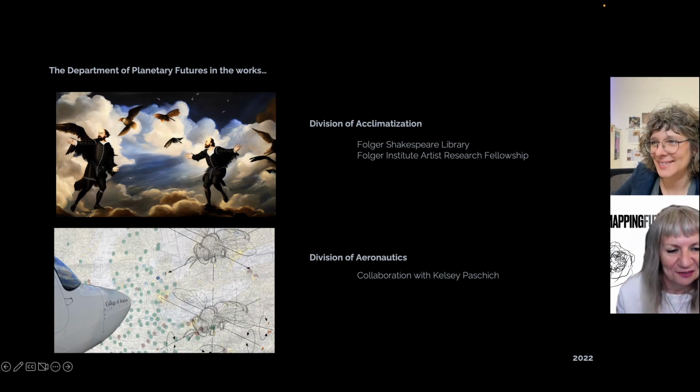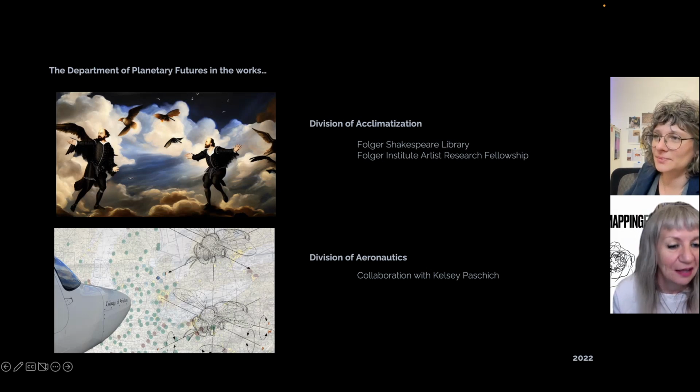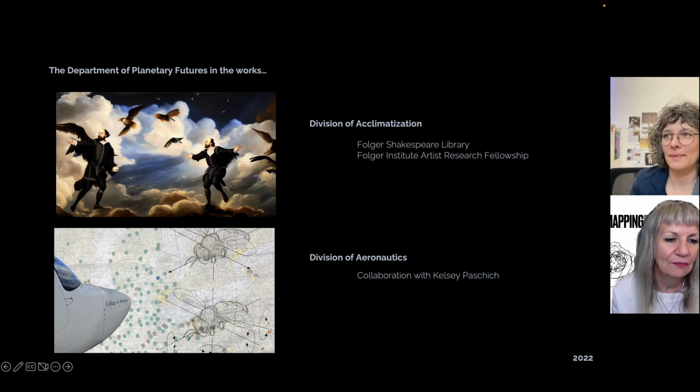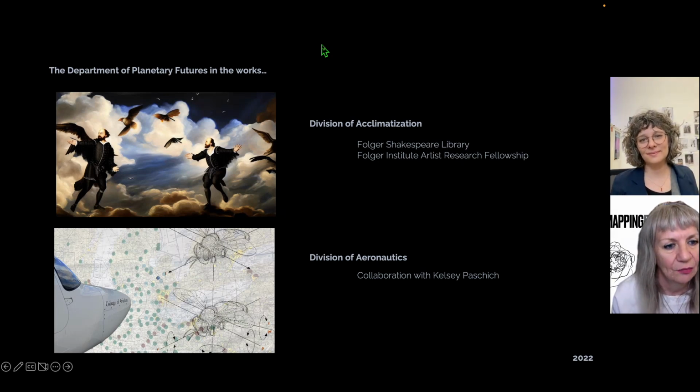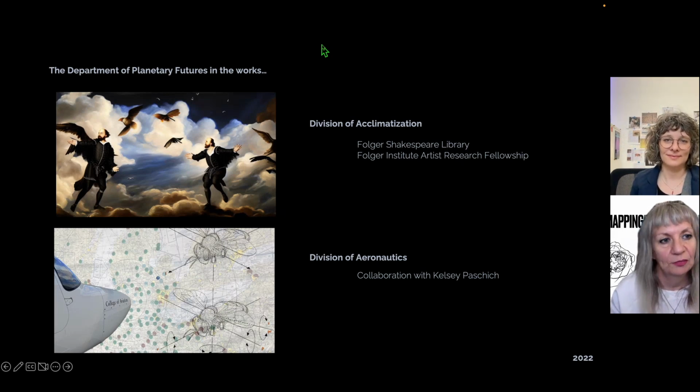Lots and lots of comments, really. And perhaps a question as well. What I love about the way that you work, Jacklyn, is that you kind of embody that more than humanness, because the construction of the Department of Planetary Futures with these subdivisions opens up ways of working not just with other people, but with lots of other more than human collaborators.